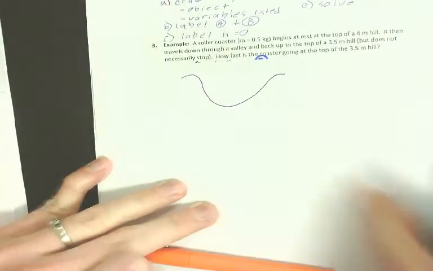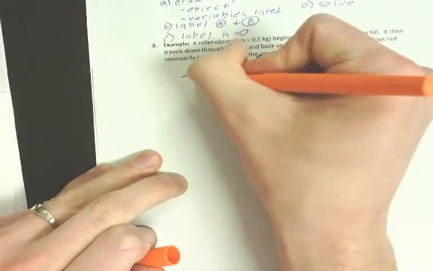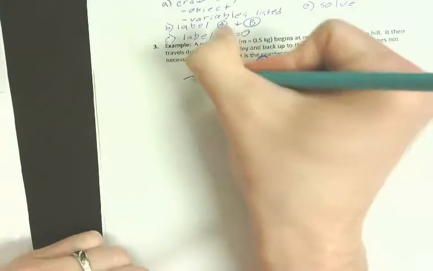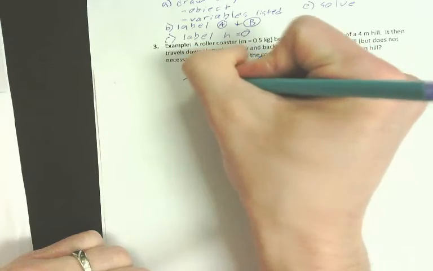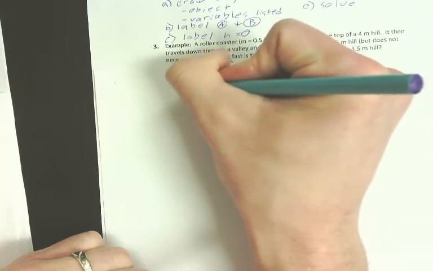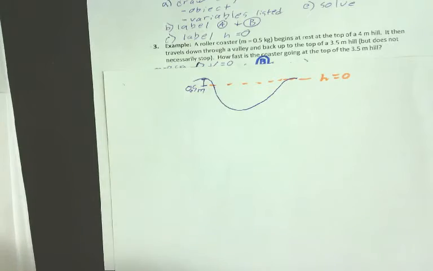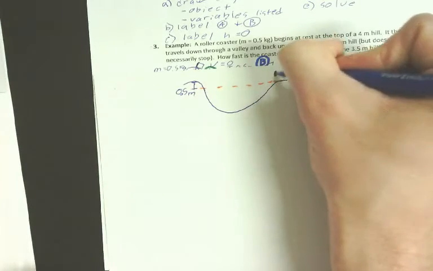So we end up with this instead. We end up with a height of 0 here. And so the height isn't 4 meters above the ground. The height is 0.5 meters above B. We're still sticking with our same A and B points.